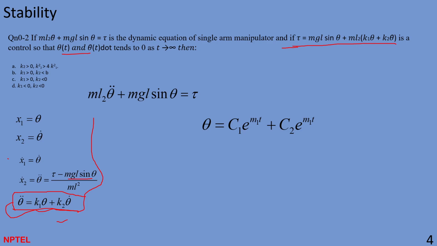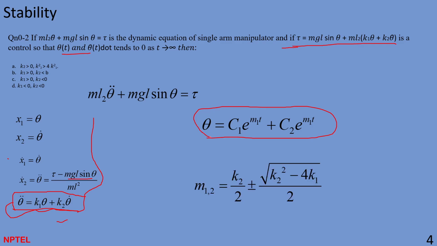When you do this, you will get an equation like this, and for m1 m2, this is what you will get. If you look closely at this equation, it tells you something.